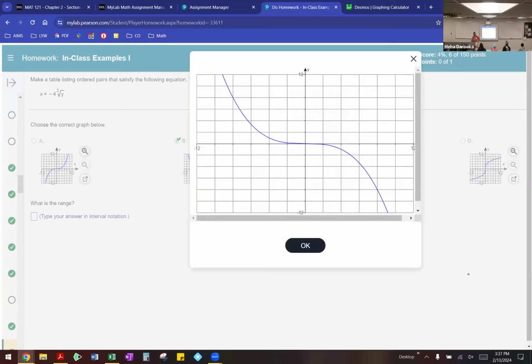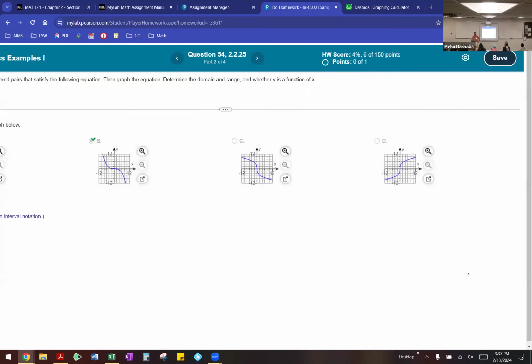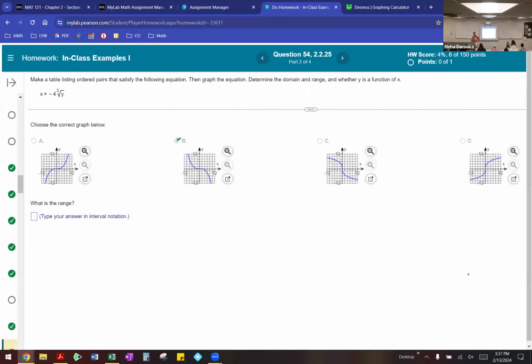Now, if that was a +4 instead of a -4, this graph would just flip horizontally on its x-axis, and that's what the graph would look like. So it's that difference of where your x and y values end up when you have that negative in front of your function. And like I said, we're going to talk about this in section 2.3, but let's continue from here.